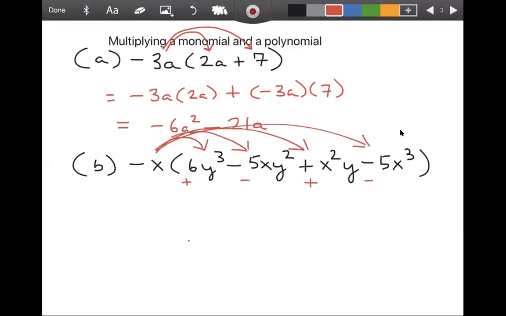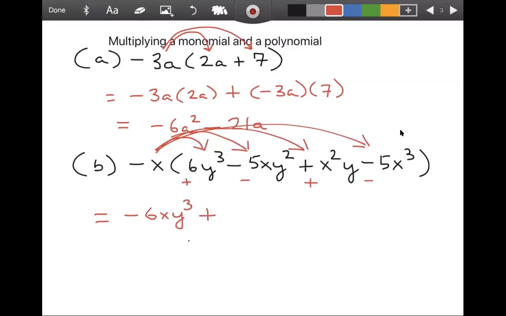All right, so this time I think I'll skip that second step. So the new first term is going to be negative 6xy to the 3rd. The second term is going to be plus now. And x times x gives you x squared.